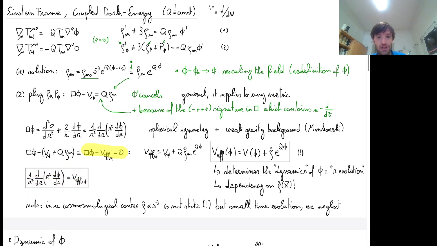These are the two equations: the Klein-Gordon equation describing matter with its solution, and the equation for the field phi that we can rewrite in this way.